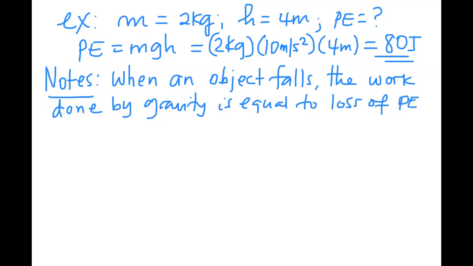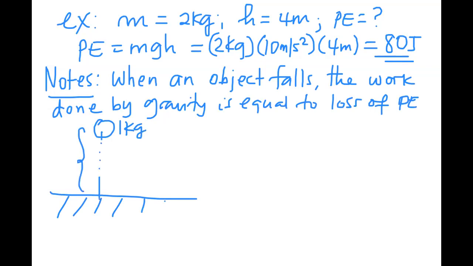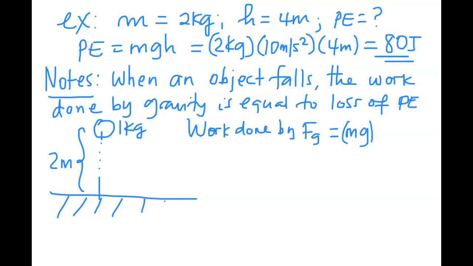I'm thinking about this situation here. We have our 1 kilogram object, and it falls through some distance, 2 meters. The work done by gravity will just be equal to mg, that's the gravitational force, times distance, which is the height, so mg times the height.